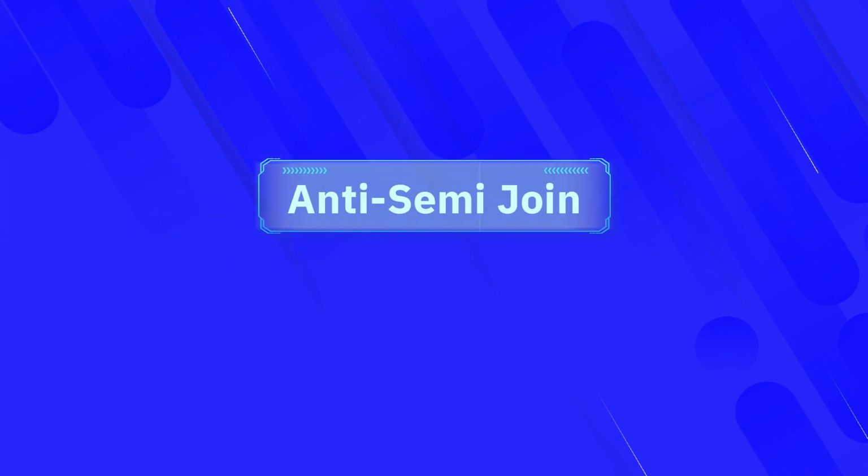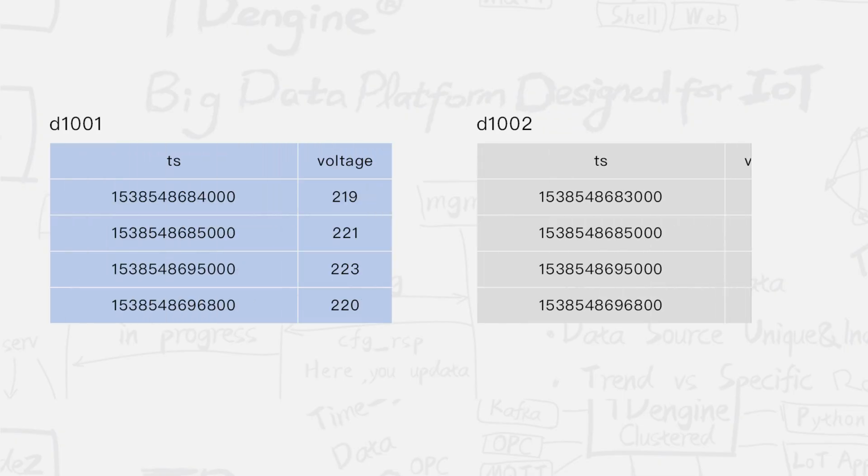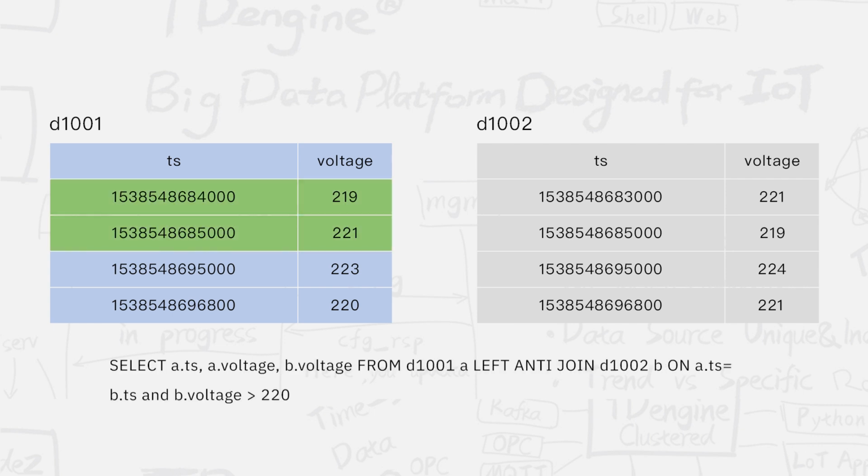An anti-semi-join returns rows from one table where there are no matching rows in the other table. It's the opposite of a semi-join, similar to using not in or not exists. For example, if you want to find voltage readings from table D1001 where there are no corresponding readings in table D1002 with the same timestamp and voltage greater than 220, the SQL query would be as follows.